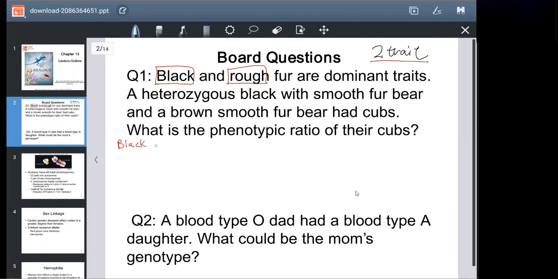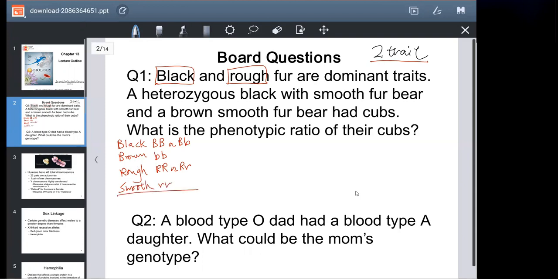Black is big B, or big B, little b. That means brown will be what? Little b, little b. What about rough? Rough will be big R, or big R, little r, while smooth will be little r.